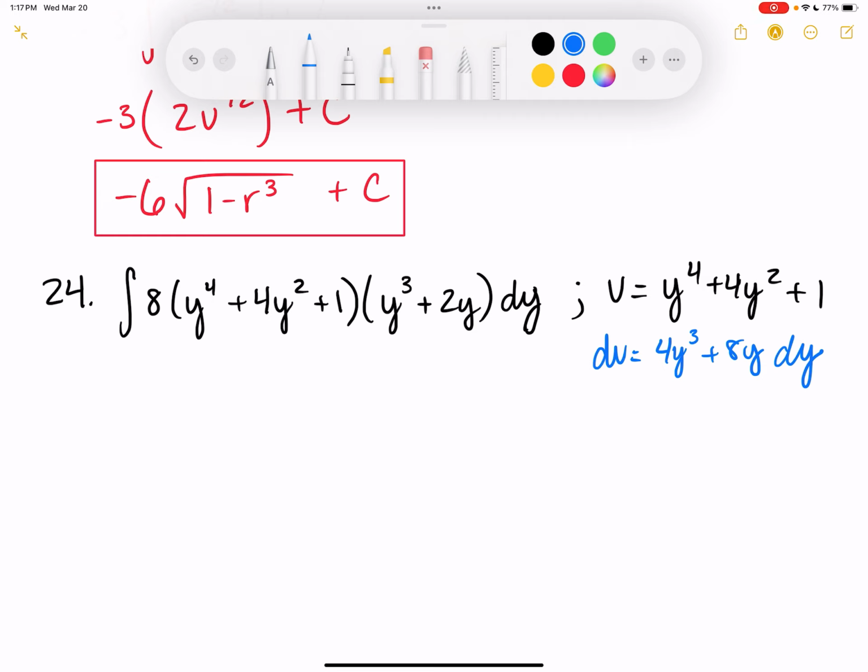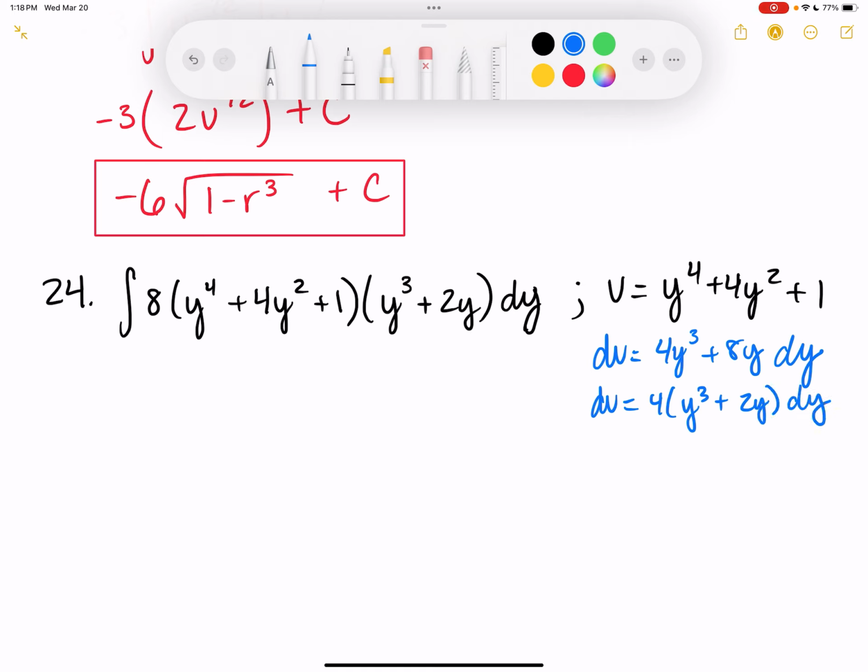Now, is 4y cubed plus 8y in there? No. However, what is in there? y cubed plus 2y and dy. How can I make this look like this? Take out a 4. So du is equal to 4 times y cubed plus 2y dy.